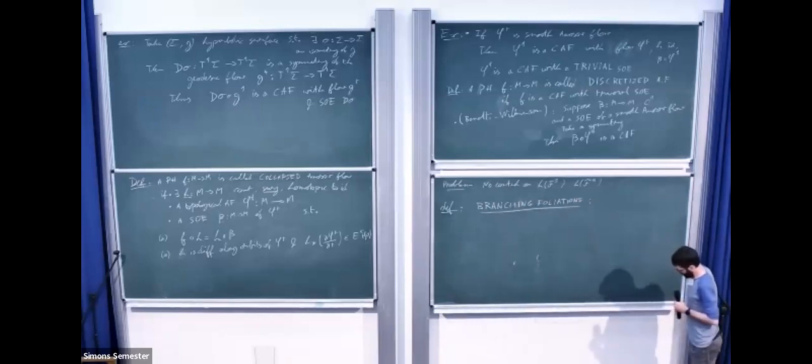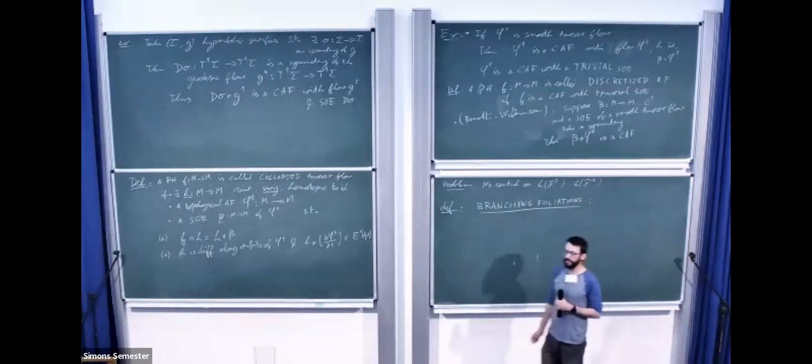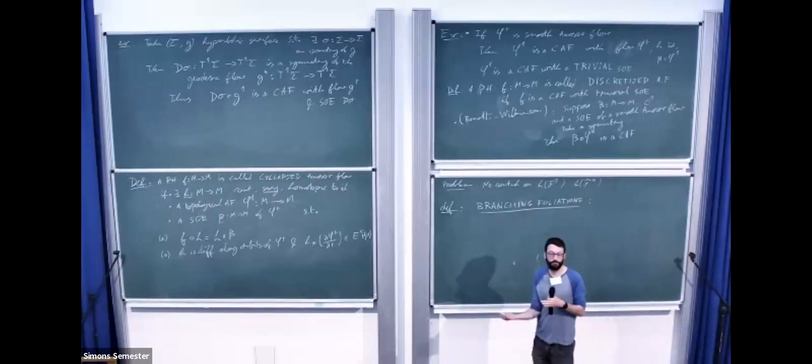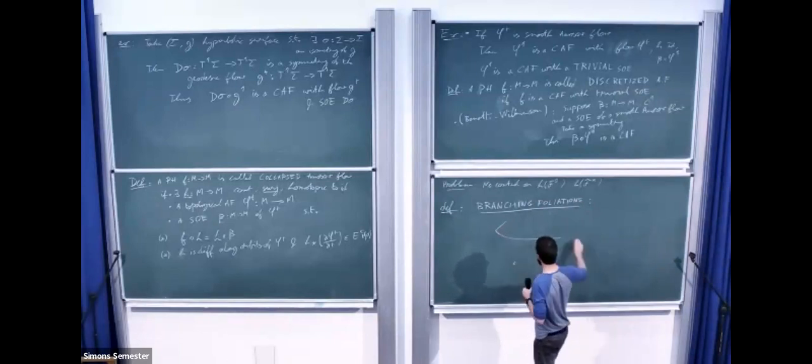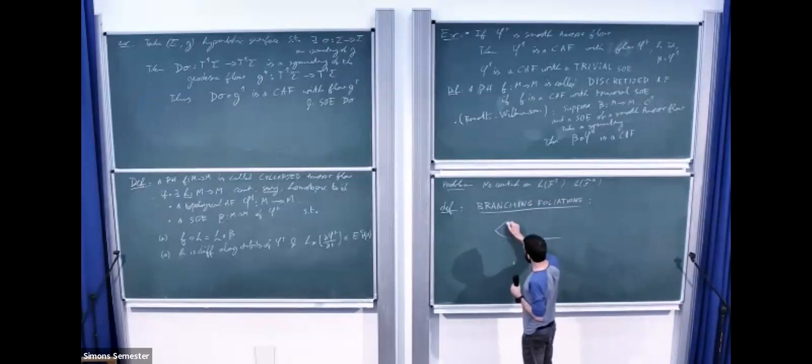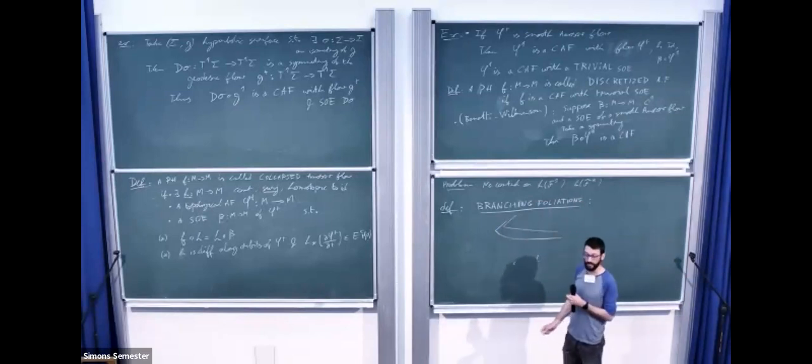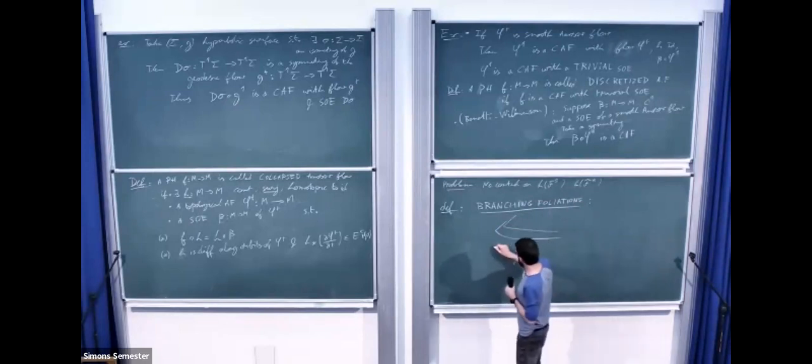So think of it as a foliation that is allowed to merge. I have leaves everywhere, but instead of being always nicely stacked, like a normal, nicely behaved foliation, some may merge.